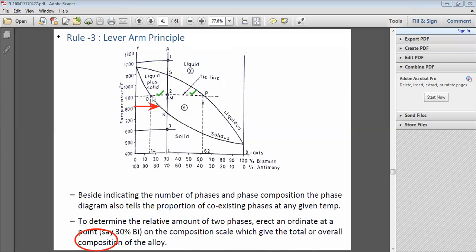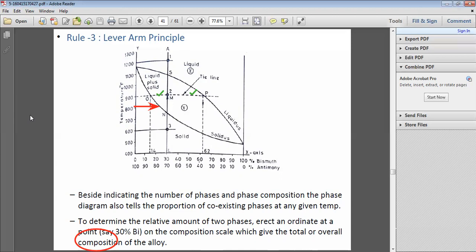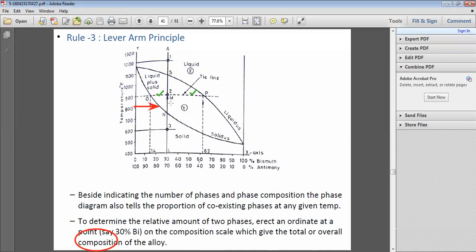So MP is 62 minus 30, and in the lower part, OP is the overall length 62 minus 14.